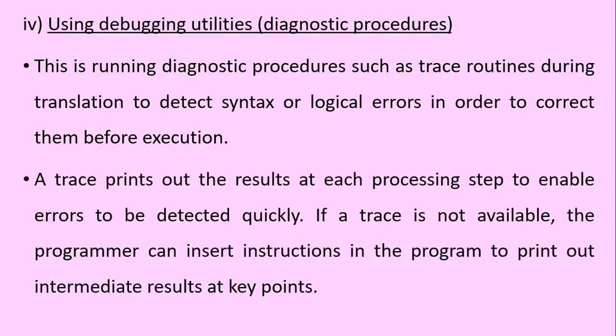A trace prints out the results at each processing step to enable errors to be detected quickly. If a trace is not available, the programmer can insert instructions in the program to print out intermediate results at the key points.